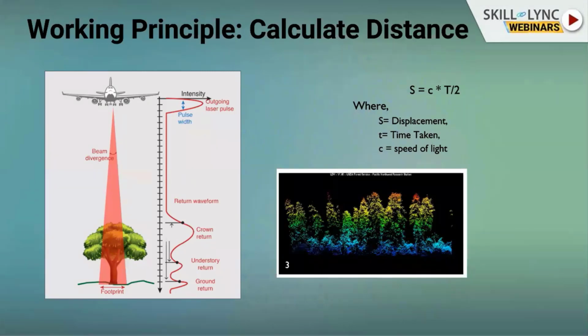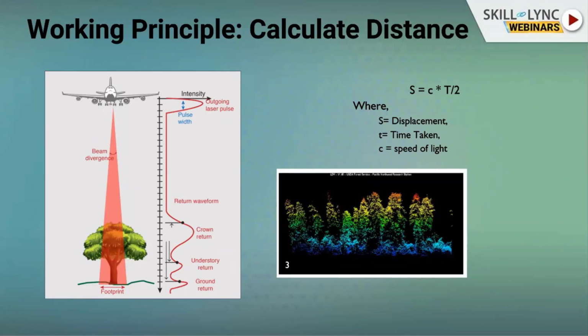Let us suppose in this picture I have set up my LiDAR on this aeroplane, and it transmits the beams towards the earth, and I want to measure the depth of that tree, or the depth of the earth, all the depth related information.